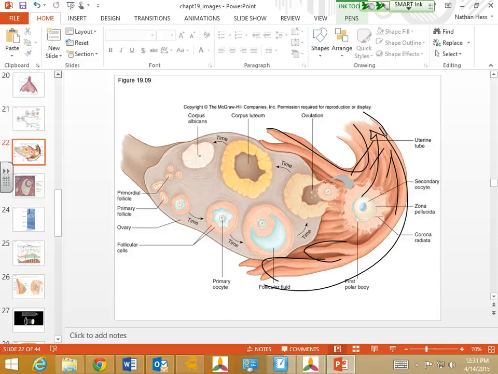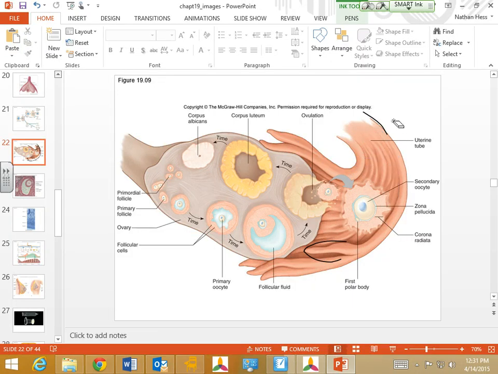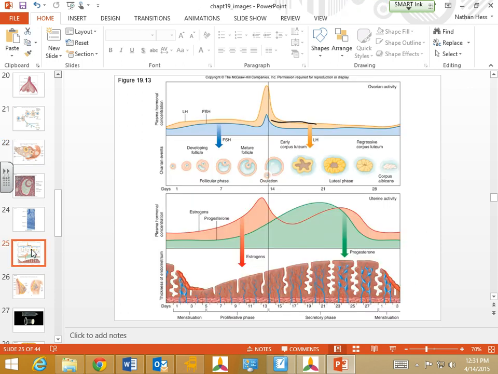So, back to the other picture. Let me just erase these here. The egg that is in the tube ends right about here.